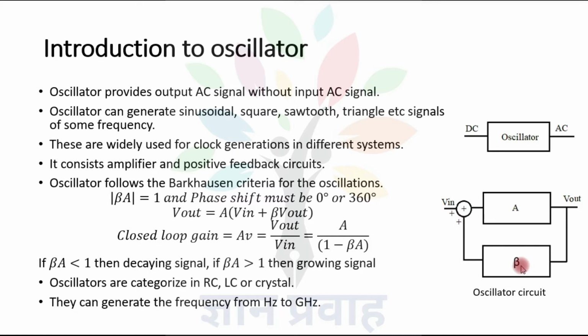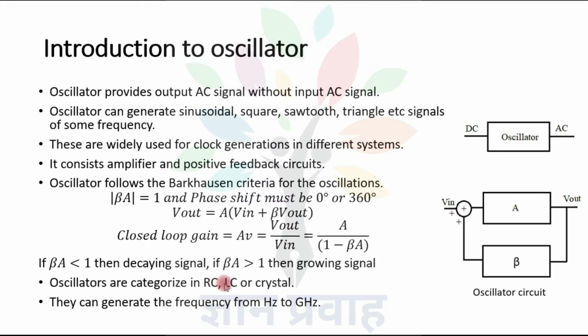Normally oscillators are of three types: RC oscillator, LC oscillator, and crystal oscillator. And it depends on the components used in the feedback circuit. If R and C components are used in the feedback circuit, then these types of oscillators are called RC oscillators.